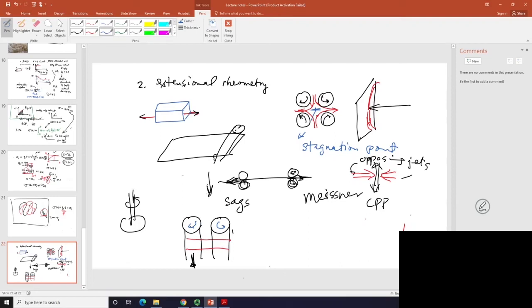It overcomes sagging. For you guys who do soft materials, this could be a way. And secondly, you can immediately install it on a commercial rotational rheometer. So that was a technological advance, very, very convenient and useful.